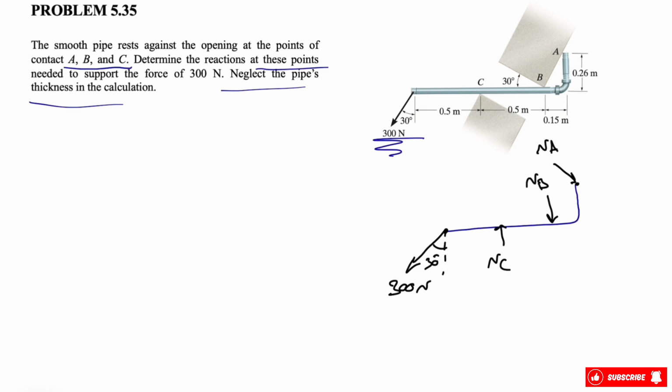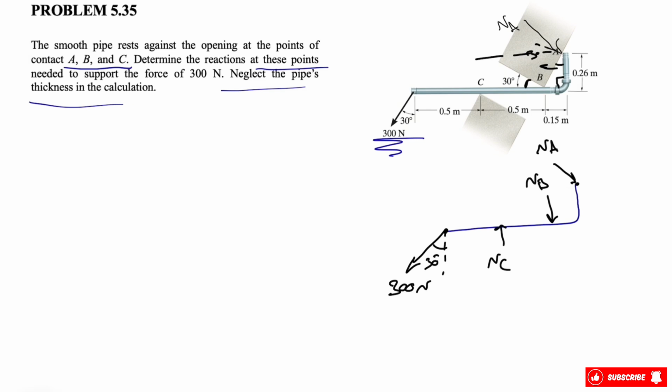And if we want to find that angle, this angle is 30 degrees here, which means this one in here is also 30 degrees, considering that that's a right angle. So this will be 30 degrees as well. And if we want to find the normal force on this, so this will be the normal force NA.